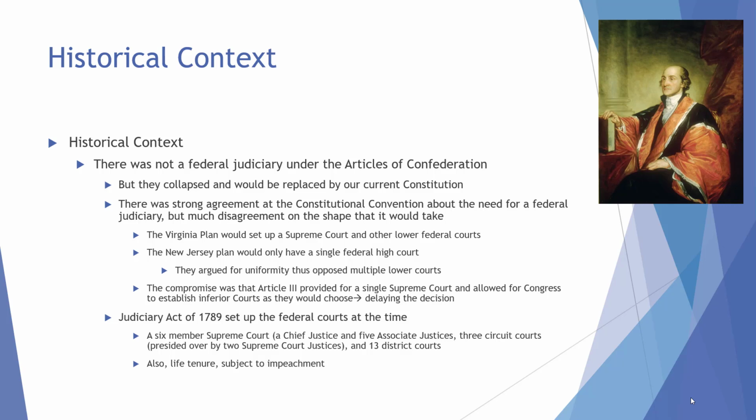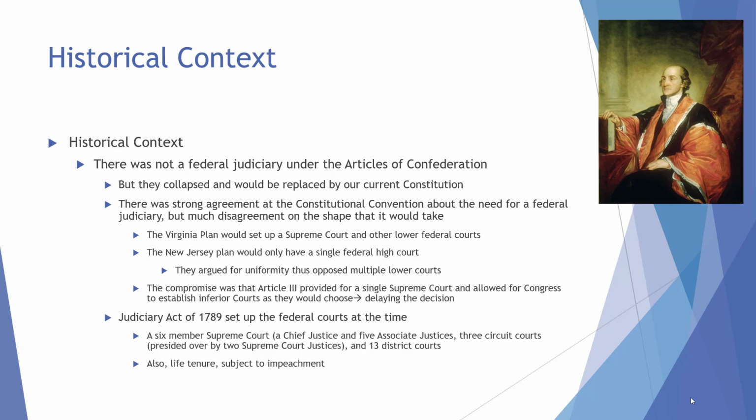So the compromise they came up with is that Article 3 said we're going to have a Supreme Court, and then Congress could establish lower courts if it wanted to, which it did. That's the compromise you got.